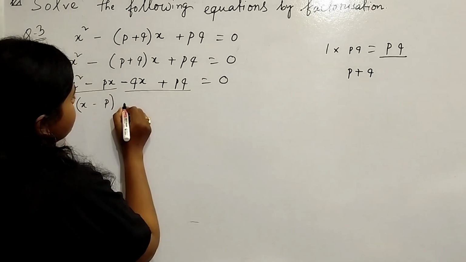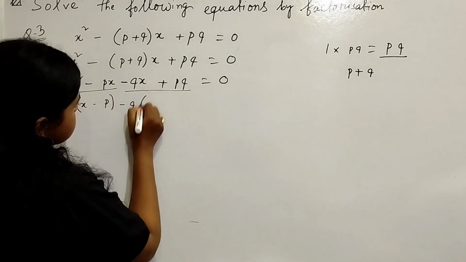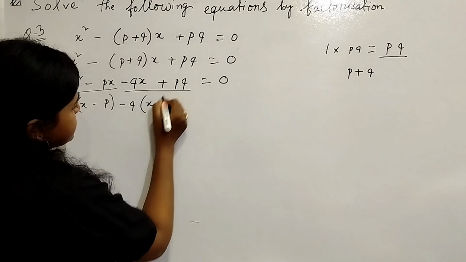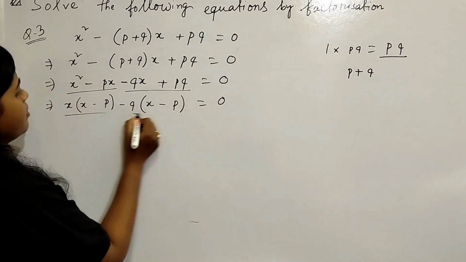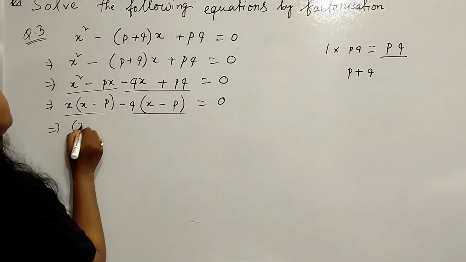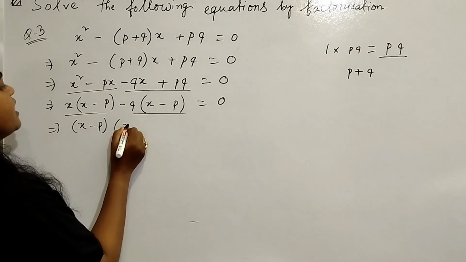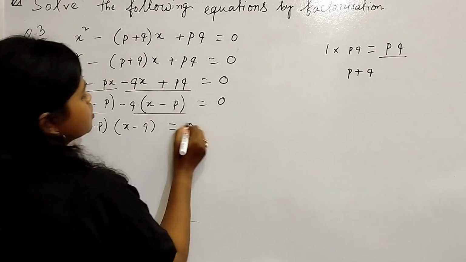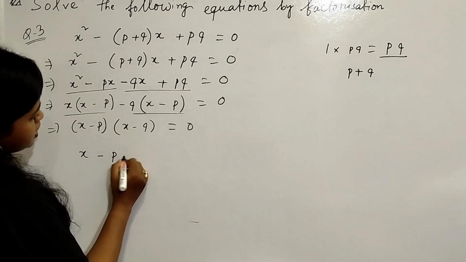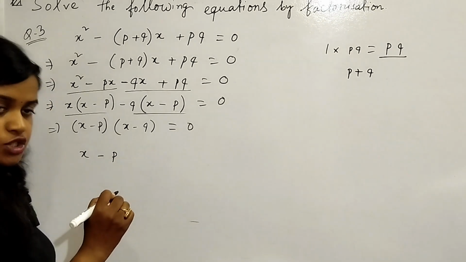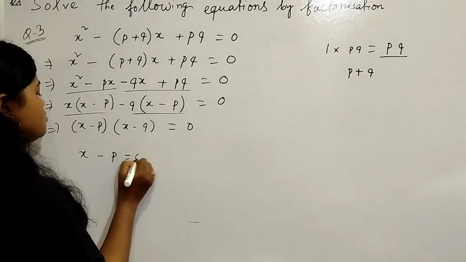And from these two terms we get q. That's why here remain x minus p equals to 0. And from these we get (x minus p) into (x minus q) equals to 0. So now we have to solve the quadratic equation, so each factor equals to 0. So x minus p equals to 0.